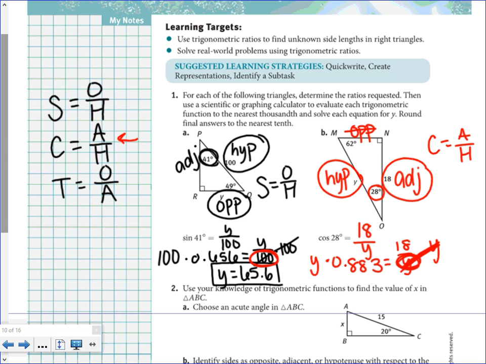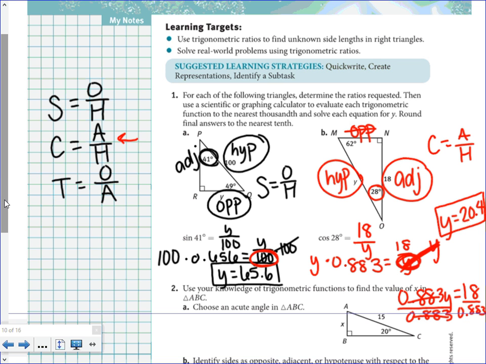So this equation gives me, if you want to rewrite it, 0.883y equals 18. And from there, we need to solve for y. So we are going to divide by 0.883. And so 18 divided by 0.883 is 20.4. So that would be your y value there.